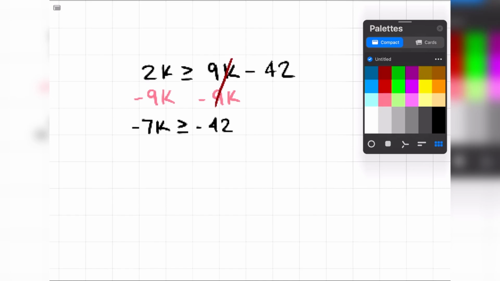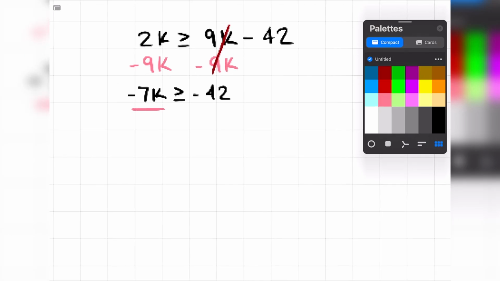Now, the next step, we divide by negative 7, which cancels out this negative 7 and flips the inequality symbol, leaving us with k is less than or equal to negative 42 divided by negative 7, which is 6. So k is less than or equal to 6.